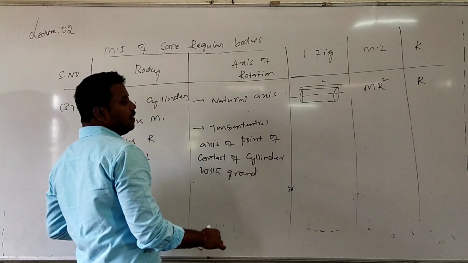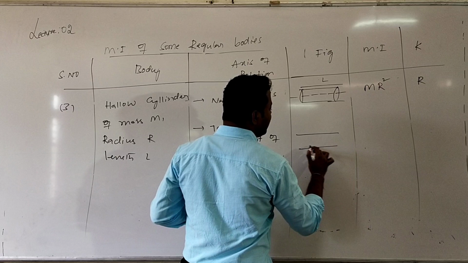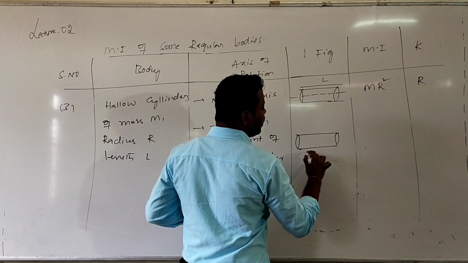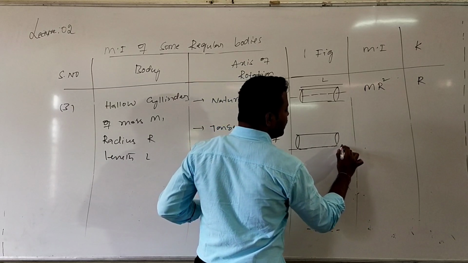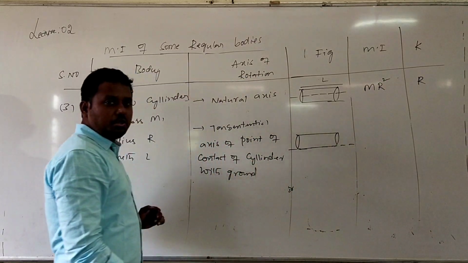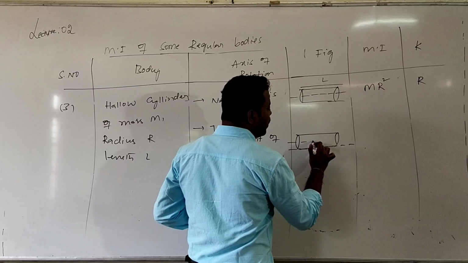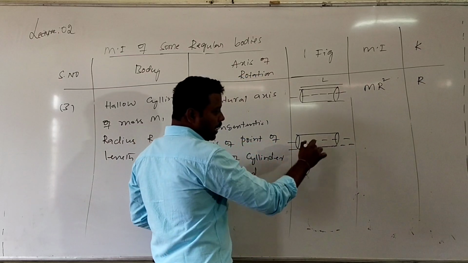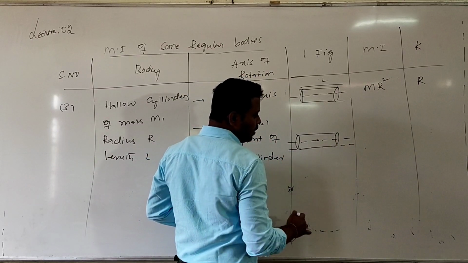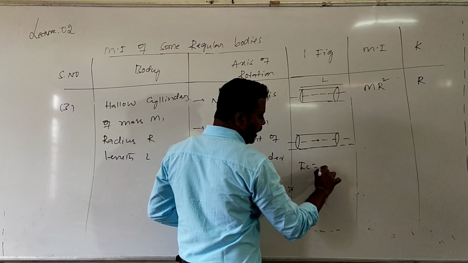So what will I get? I need to draw a tangent. That is the tangent drawn at the point of contact of the cylinder with the ground. So I am showing the axis with the dotted lines. I know the moment of inertia about this axis. I want to calculate the moment of inertia about this axis. Which theorem will apply? Parallel axis theorem.